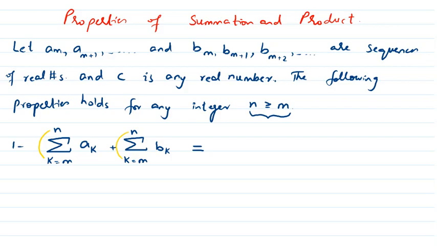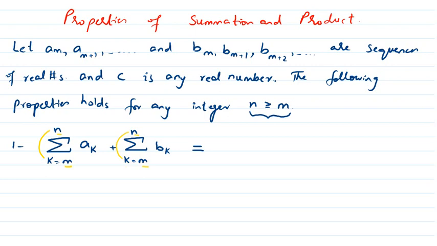ये भी m से start हो रही है n पे खत्म हो रही है, ये भी m से start हो रही है और n पे खत्म हो रही है. हाँ, क्या चीज matter नहीं करती, अगर यहाँ k लिखा हुआ है और यहाँ j है तो उससे कोई फर्क नहीं पड़ेगा. Starting ending दोनों की same है, चाहे आप यहाँ पे j equals m to n और यहाँ पे bj लिख दें, it is not going to affect much. You can merge those summations or you can replace two sub summations with a single summation, ठीक है?